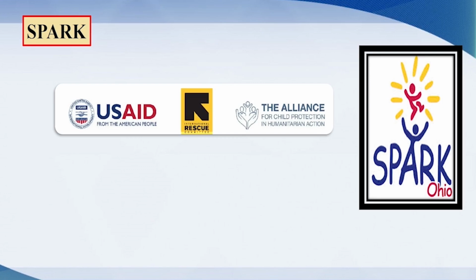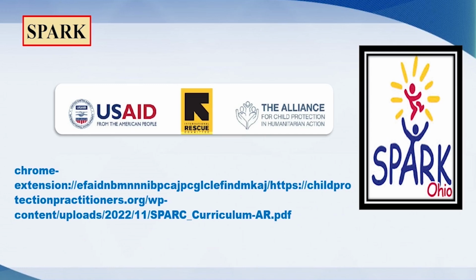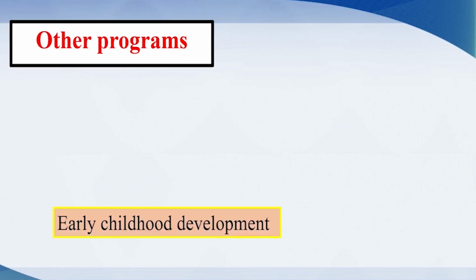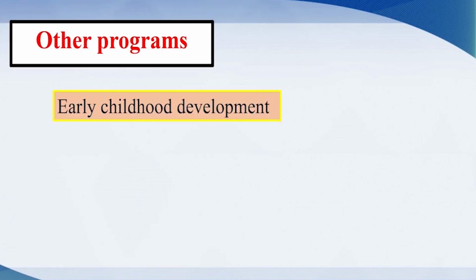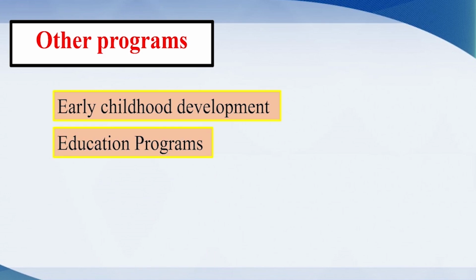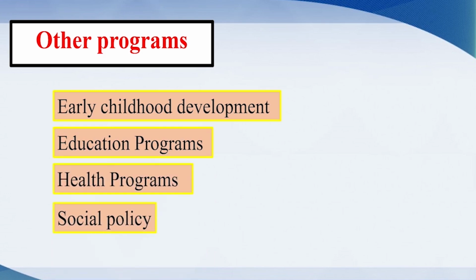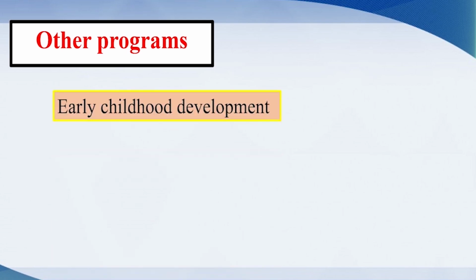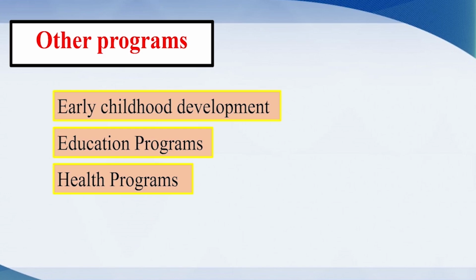In fact, in child protection, you can find dozens of programs that target different goals and sectors related to children. For example, early childhood development, educational programs, health programs, social policy programs, and etc. To choose what is appropriate for this or that city or country, that should be done within agreement and coordination between the related authorities and entities.